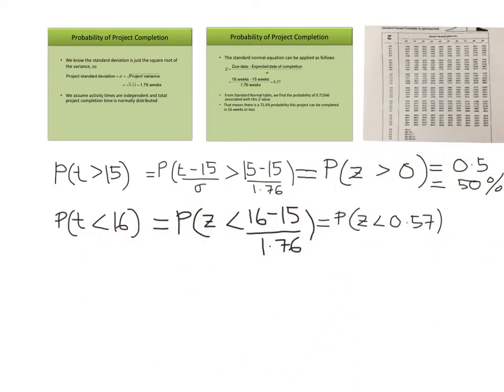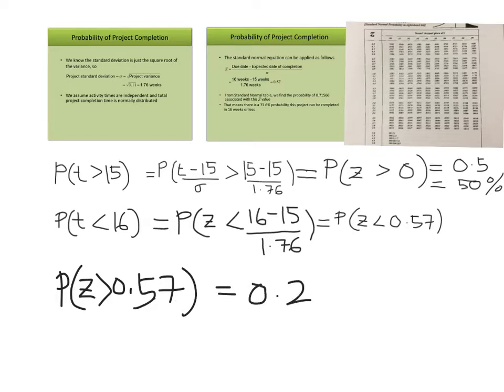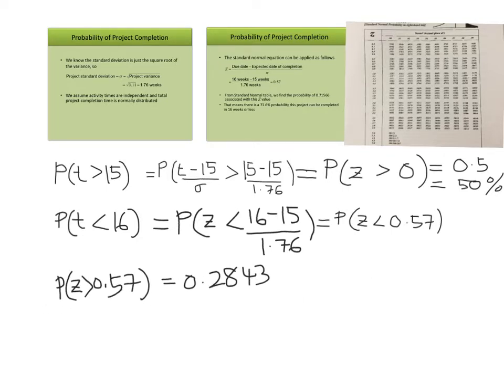So the probability of Z greater than 0.57 equals 0.2843. Okay, so this is taken from the table.